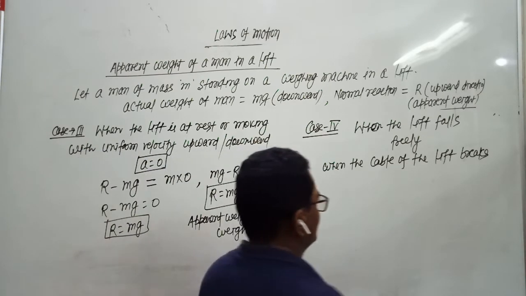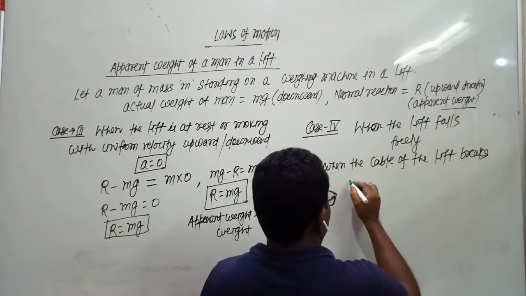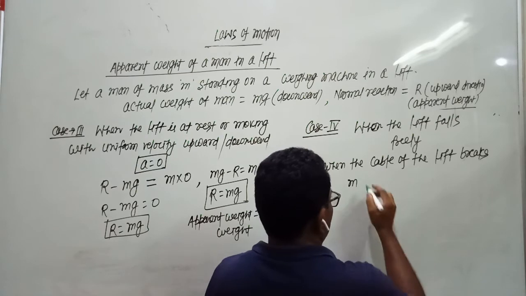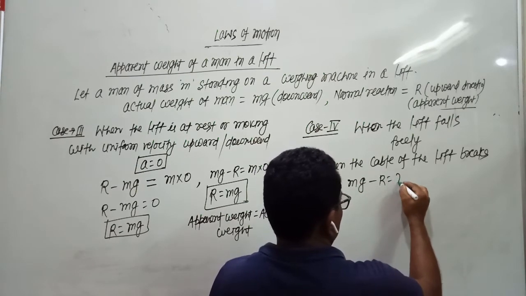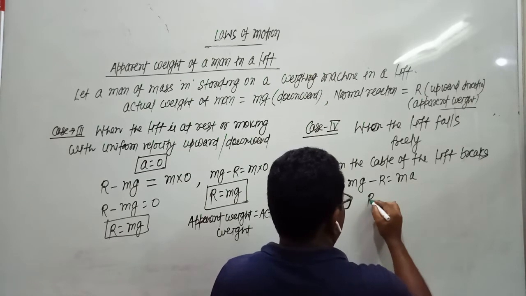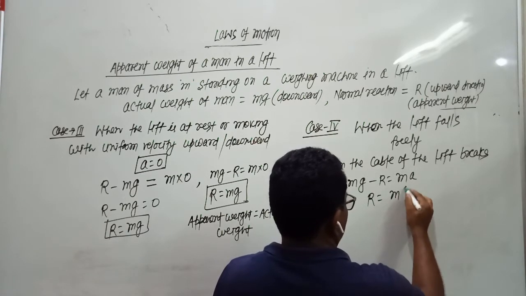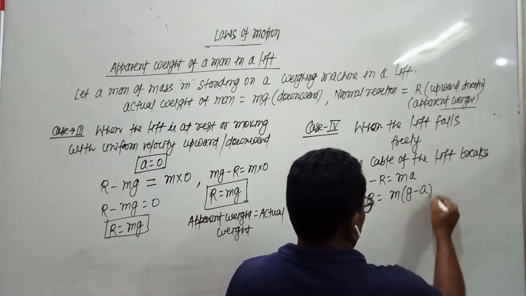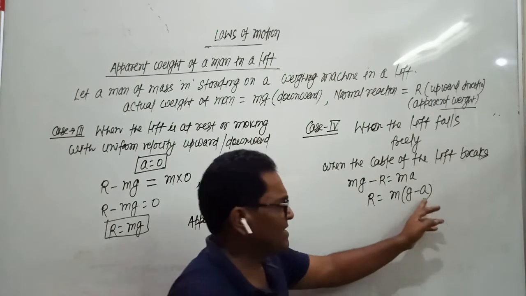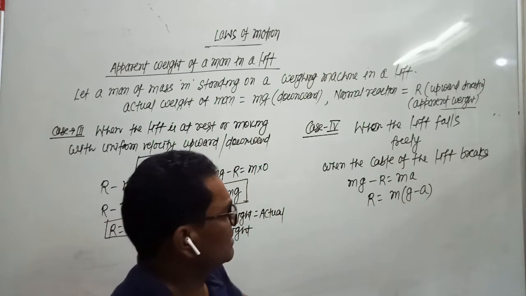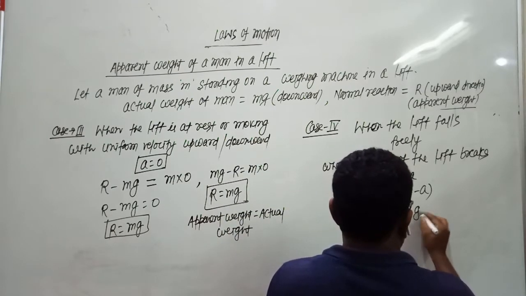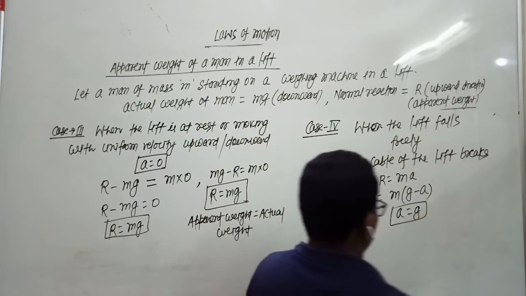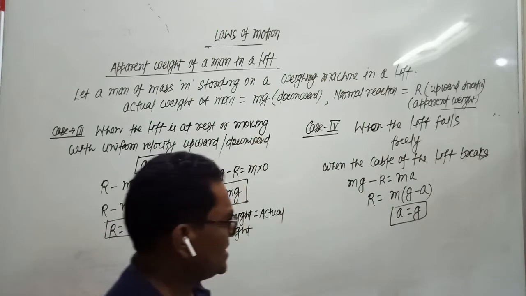And when the lift is coming in downward direction, in that case, we have seen the formula that mg minus R equals to ma, and R is equals to mg minus a. So in that case, a becomes equals to g because the lift is under the effect of gravity.